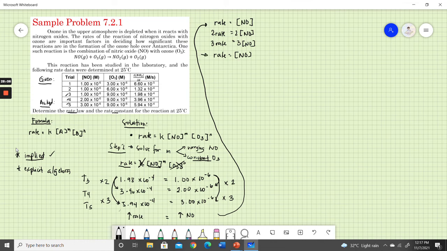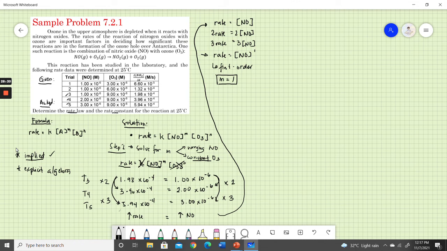So, what that means is that NO is actually raised to 1. So, this is first order in NO2, and M is equal to 1. Why 1, sir? Because anything raised to 1 is that same number, right?